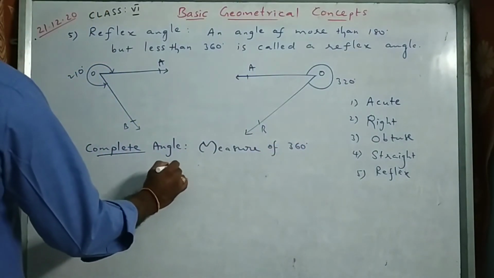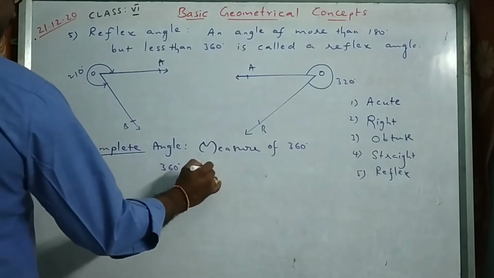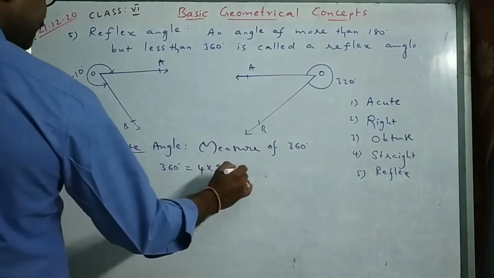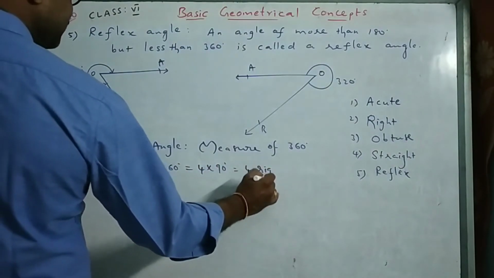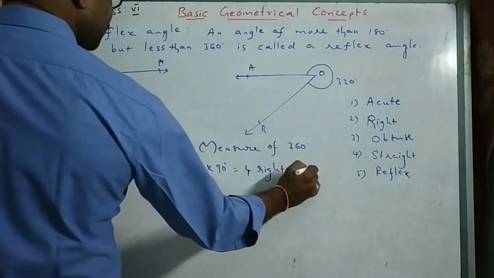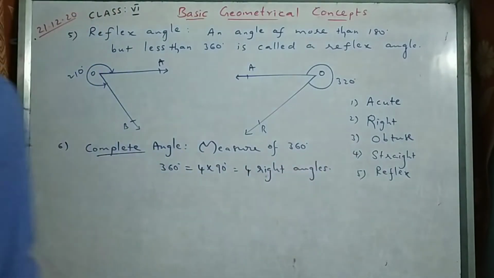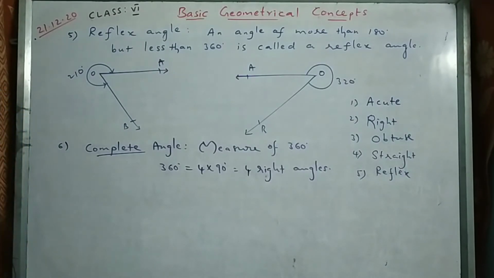That means 360 degrees means, can I write 4 into 90 degrees? That means 4 right angles. Straight angle means only 2 right angles. But complete angle means we have 4 right angles, right? Okay?